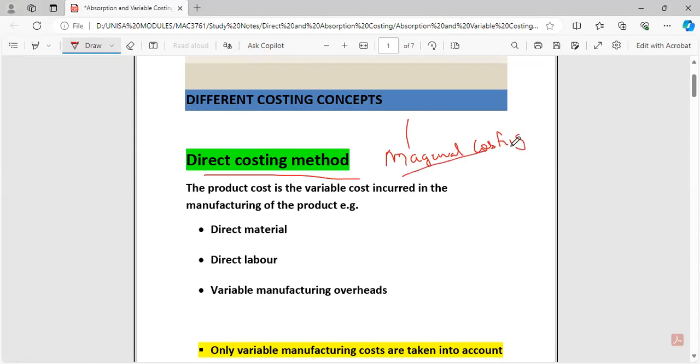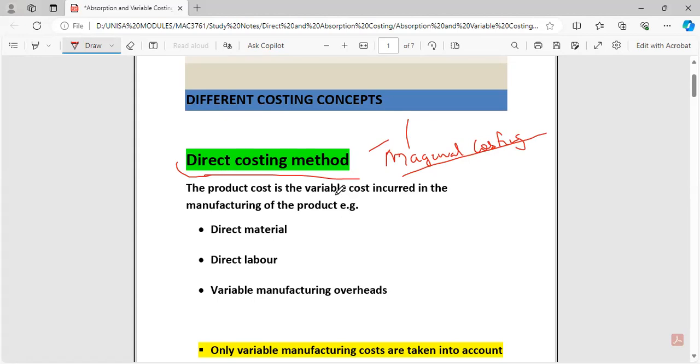So you will see sometimes the question can require you to calculate the profit using marginal costing, which means marginal costing is just like incremental costing. So when we are using direct costing, it means we are using incremental costing.